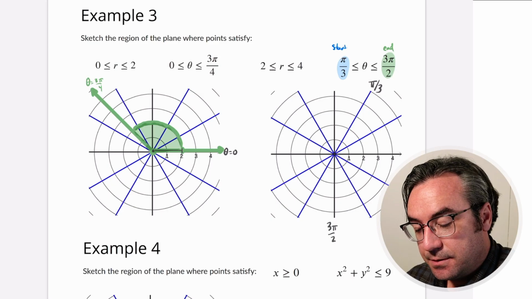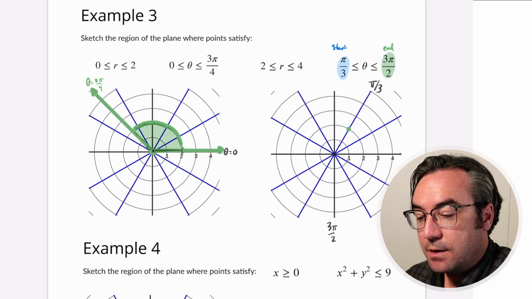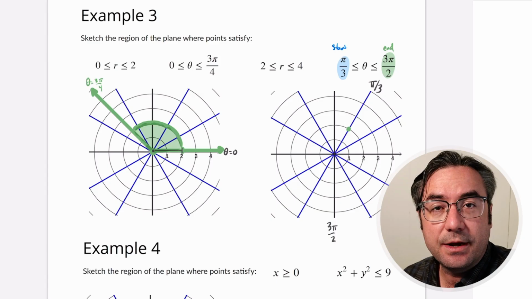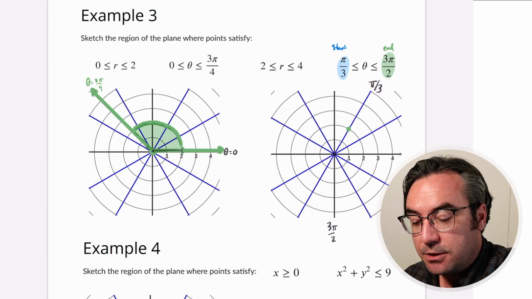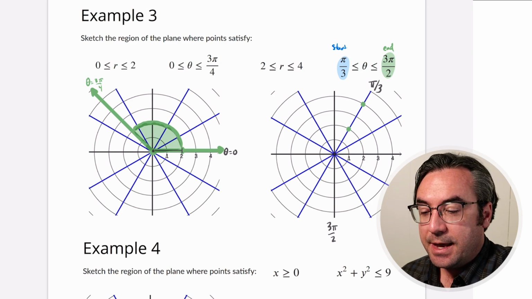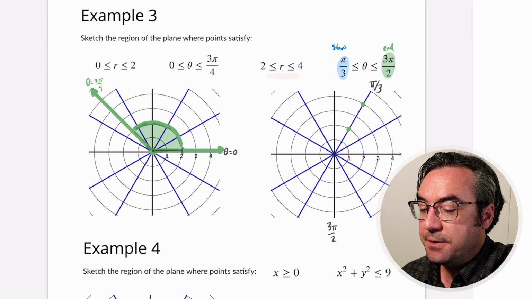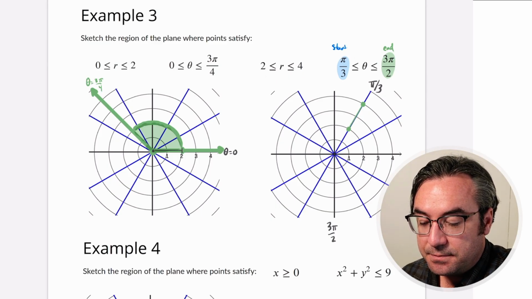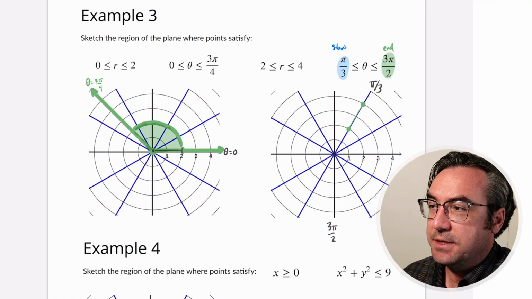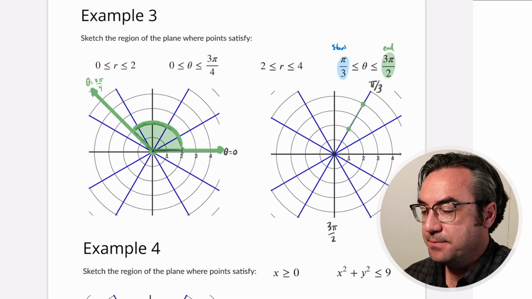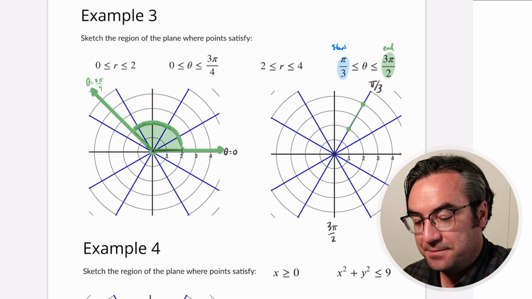These inequalities have an equal sign here, so it does allow for the possibility of including r equals 2 and r equals 4. So we're going to make those filled in points. And r can be anything in between, so let's connect the dots. All right, so we're looking at this line segment. Actually, let me make that a little thicker.